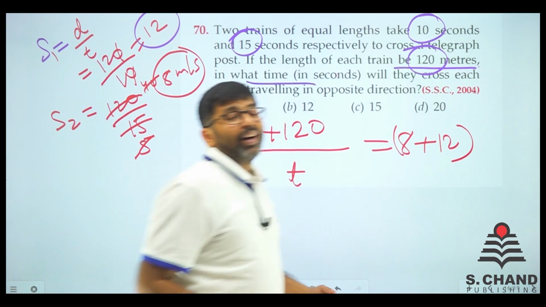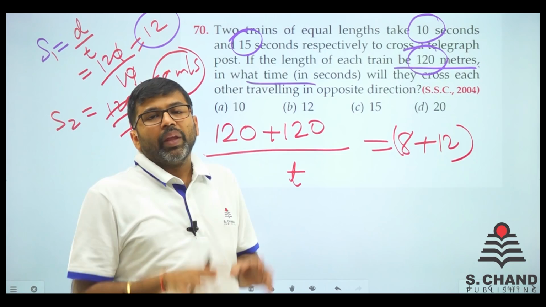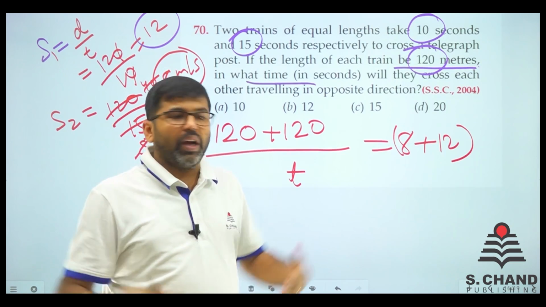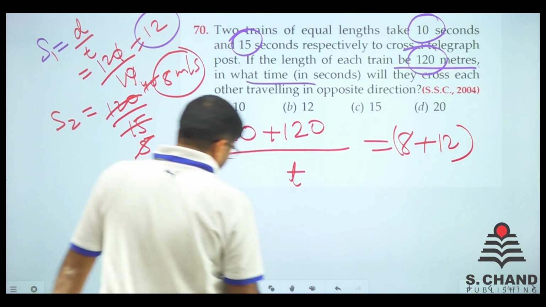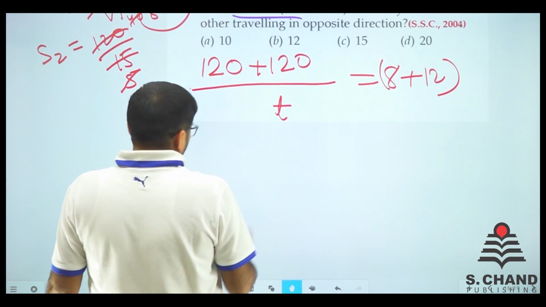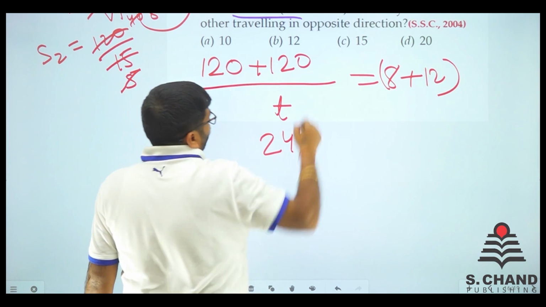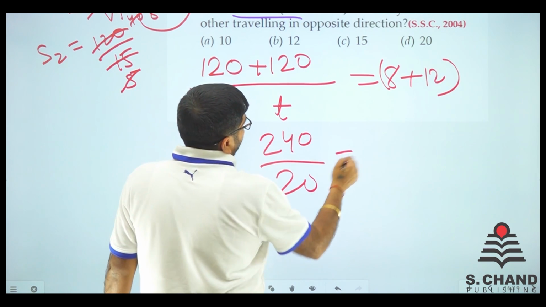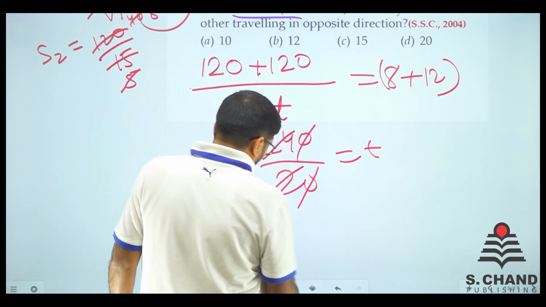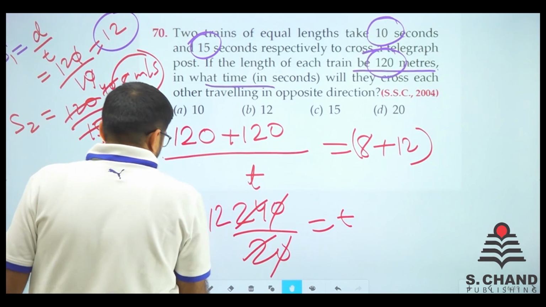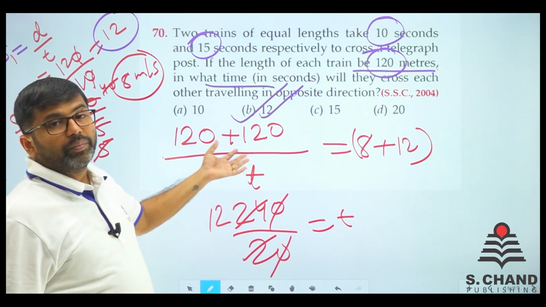Because when they are moving towards each other, we need to add both the speeds. हमें स्पीड को जोड़ना होगा जब ट्रेन एक दूसरे के सामने आ रही है. So 8 plus 12 is 20, and 120 plus 120 is 240. So 240 divided by 20 is equal to T. So 12 seconds is what it takes. Here we have 12 seconds, the answer.